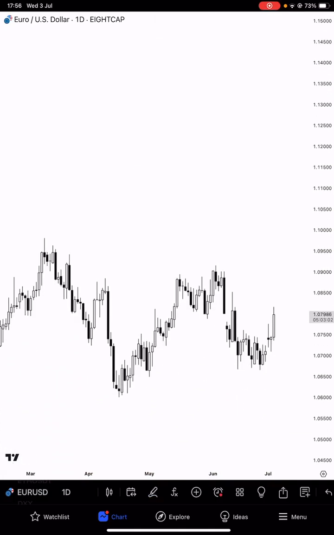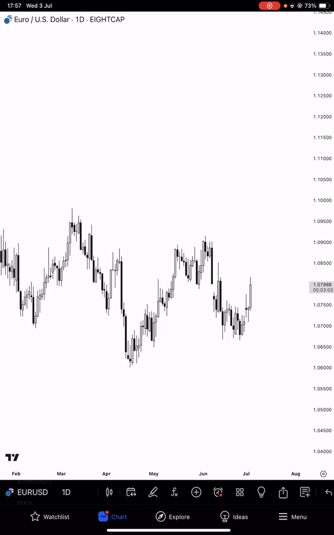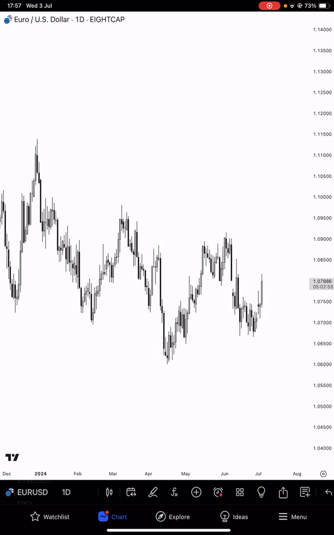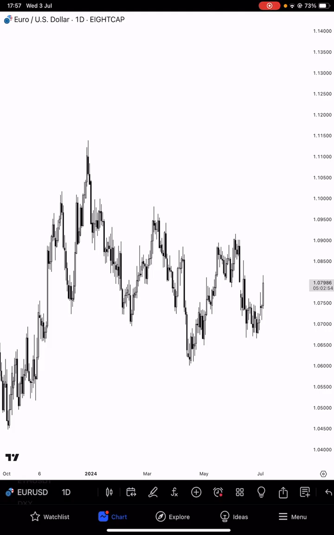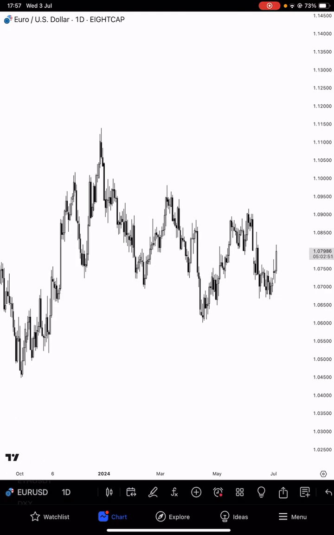Currency, forex, is the main example of a mean reverting market. Why? This is an important topic.